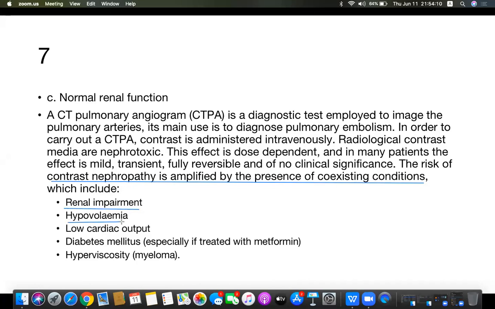Hypovolemia, this is dehydration or low blood pressure, low cardiac output, diabetes, especially if treated with metformin. Okay, this is an oral anti-diabetic drug, and hyperviscosity, which may occur in myeloma. So during this situation, we don't do this type of test.